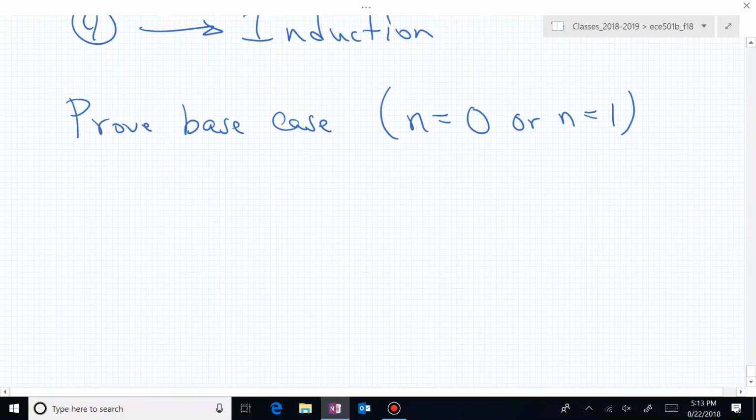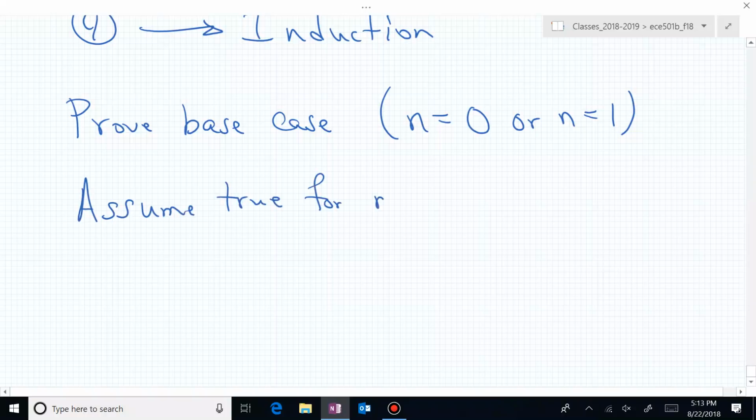We assume that it's true for the nth case, and then we have to show that it's true for the n plus 1 case, assuming it's true for the nth case. We assume true for n, and this is what's called the induction hypothesis.